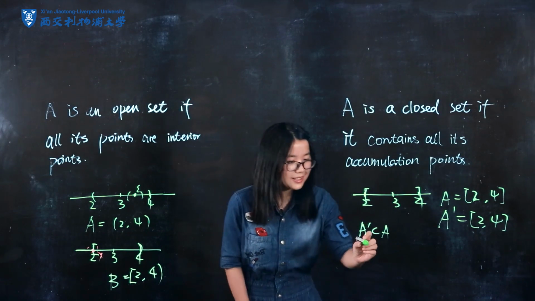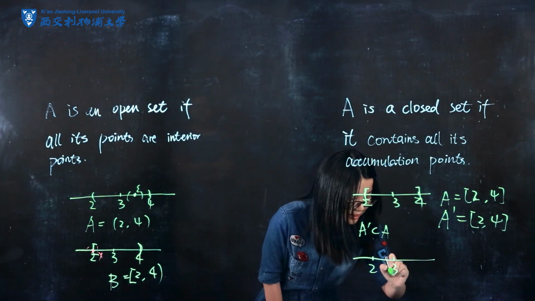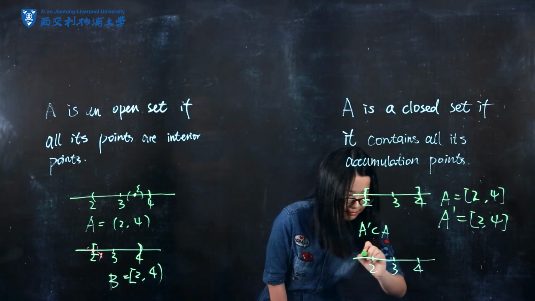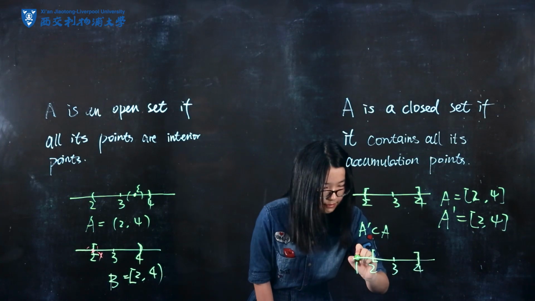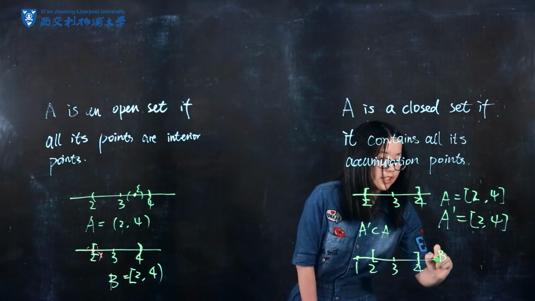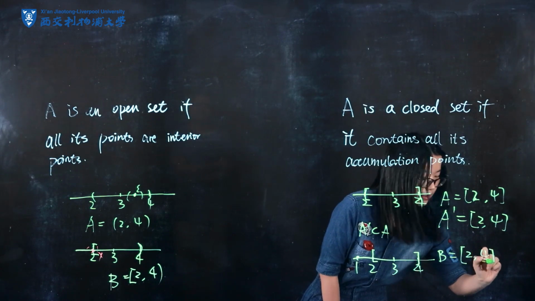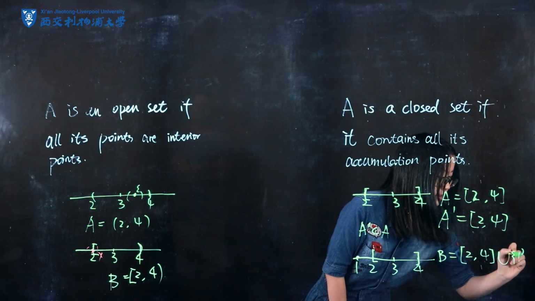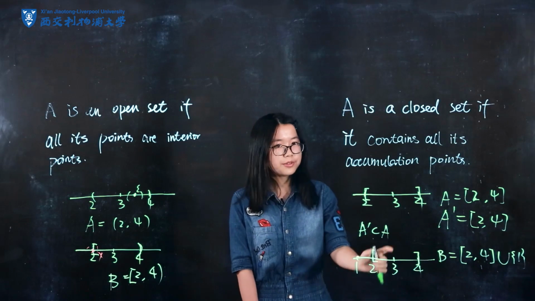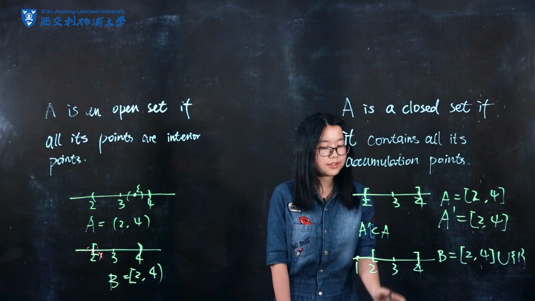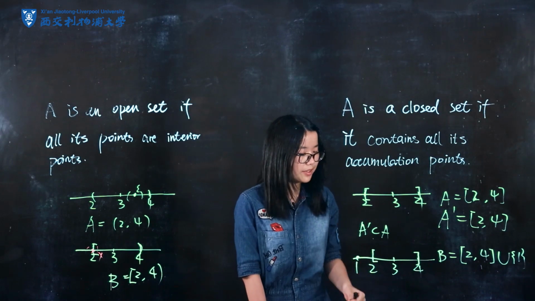Then what about this one? This is a little bit tricky. Now we define B like this: B is the interval 2 to 4, where 2 and 4 are contained in the set, union the single number 1.